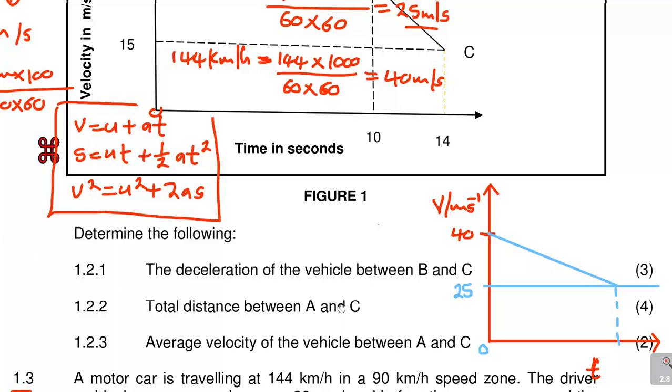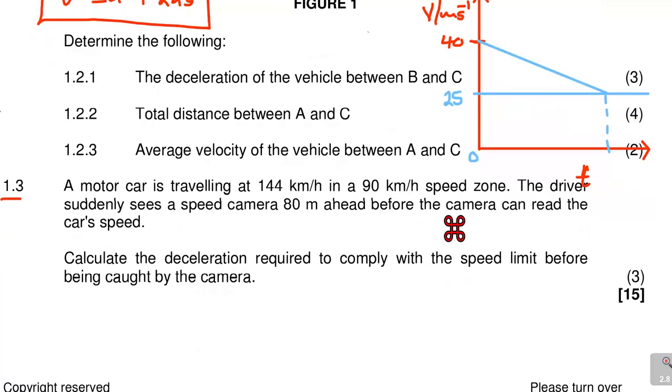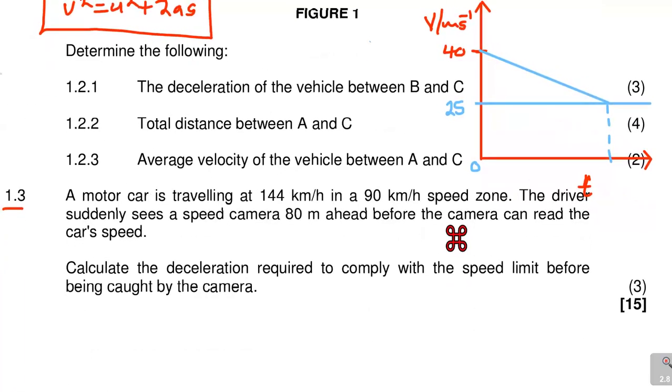Now the question here says, calculate the deceleration required to comply with the speed limit. So this is our speed limit here. So you cannot pass that speed limit without being hit by the camera. So they say calculate the what? The deceleration required.